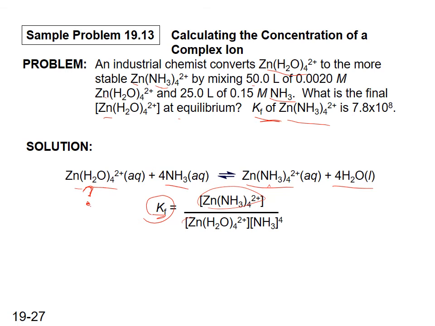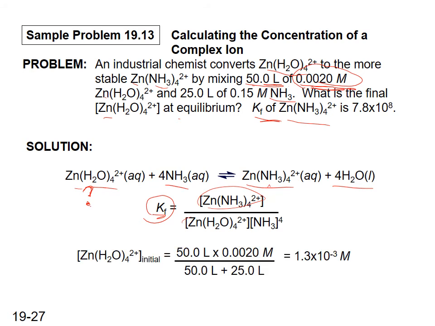Well, we have the molarity for zinc before we mix. However, when we mix two liquids, the volume changes, and therefore the initial concentration is not exactly 0.002. Instead, we need to use the number of moles divided by the new volume to calculate the initial concentration first.